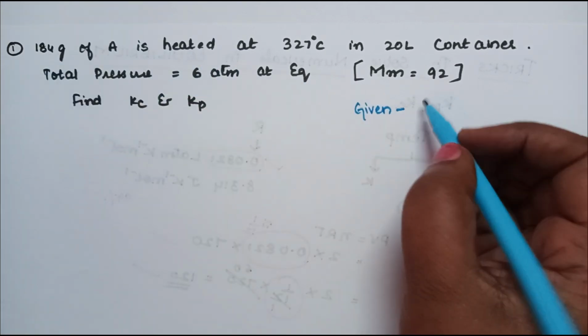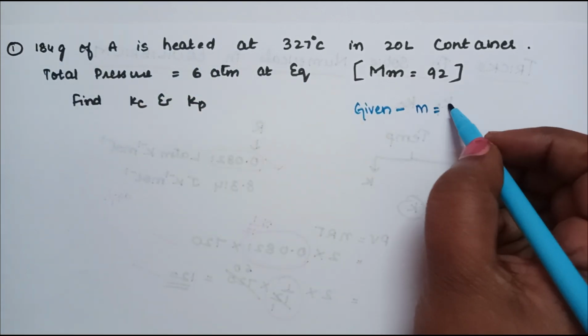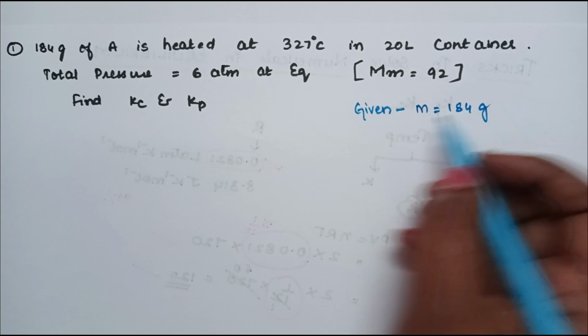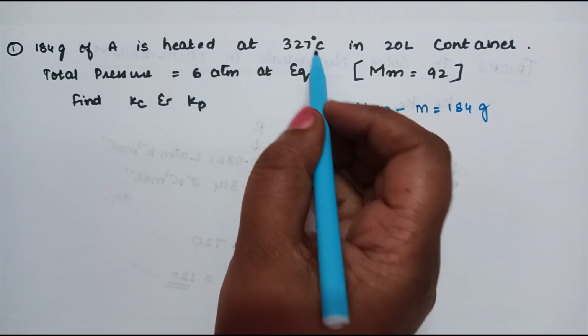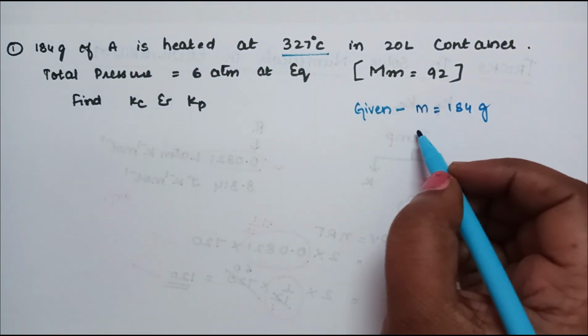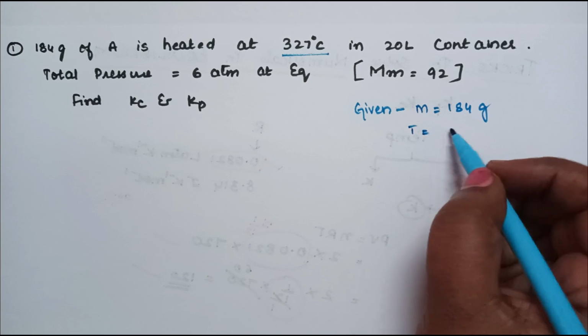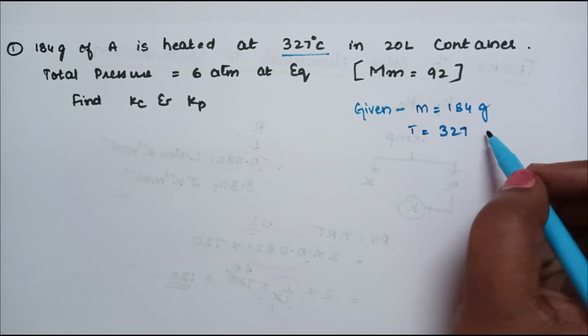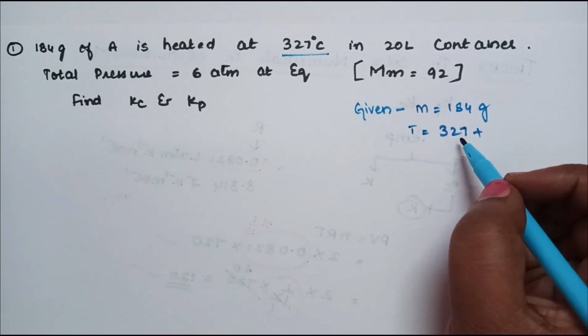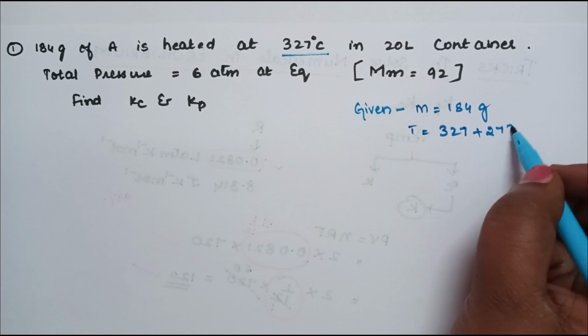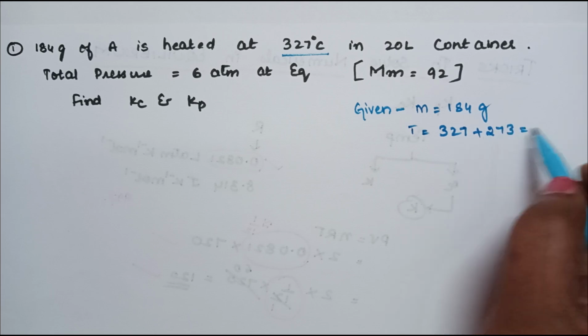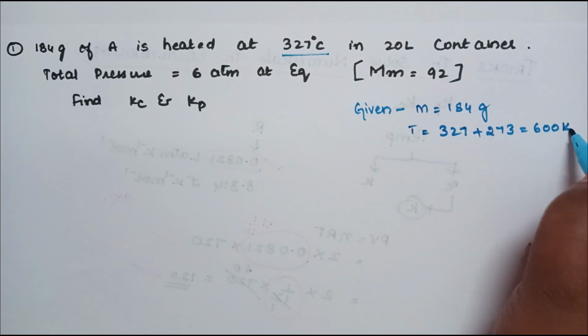So mass is equal to 184 grams at 327 degrees Celsius. Convert to Kelvin. Temperature is equal to 327 plus 273, which is equal to 600 Kelvin.